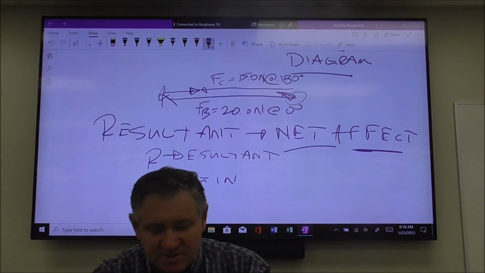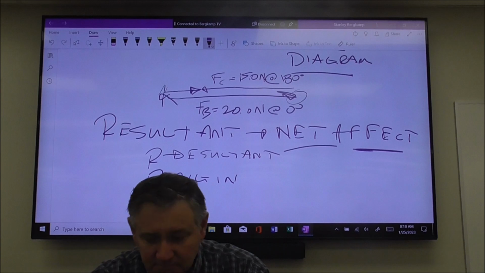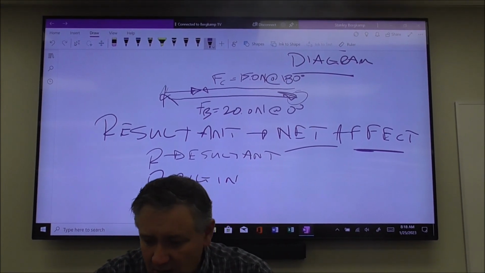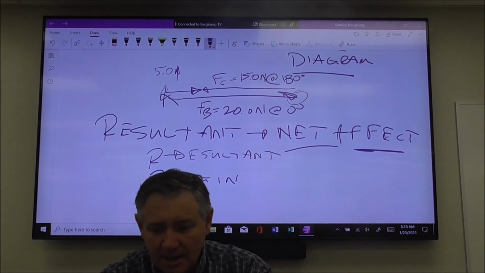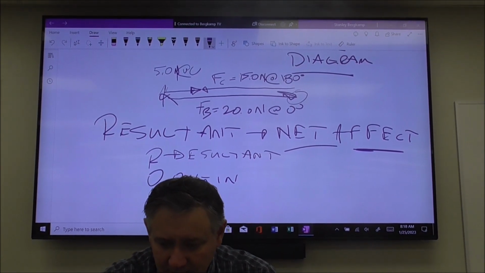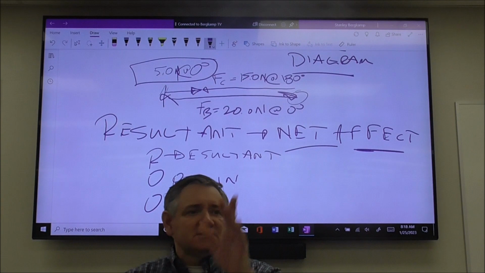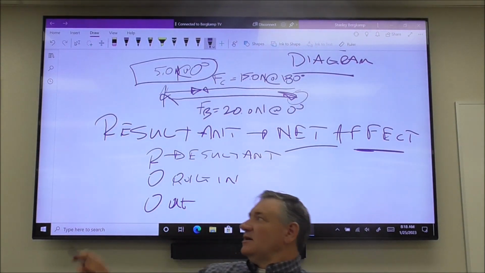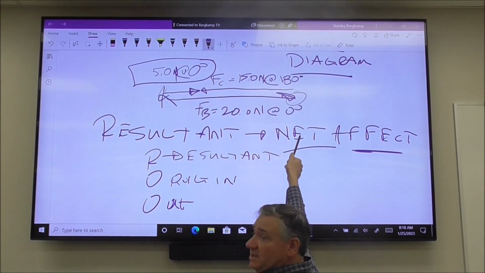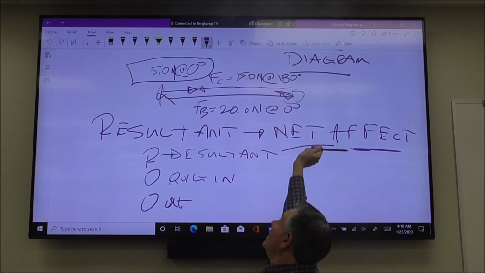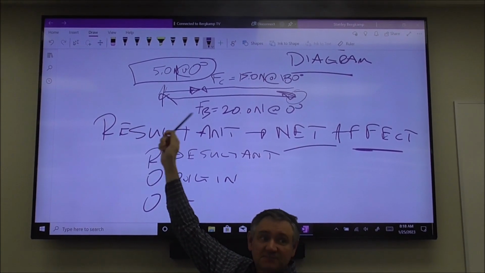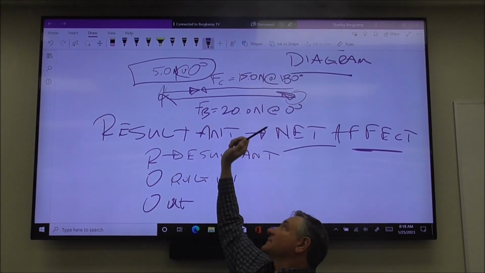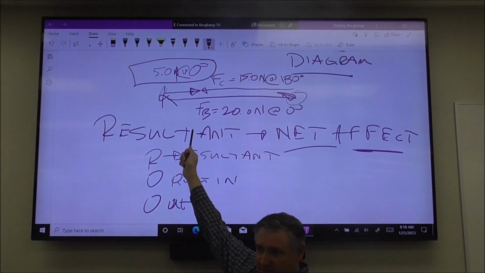So in this situation, my resultant is going to tell me, oh, this is 5 newtons at 0 degrees. So the net effect of Bailey pulling with 20 newtons, Connor pulling back in the opposite direction with 15, the net effect of that is 5 newtons at 0 degrees.